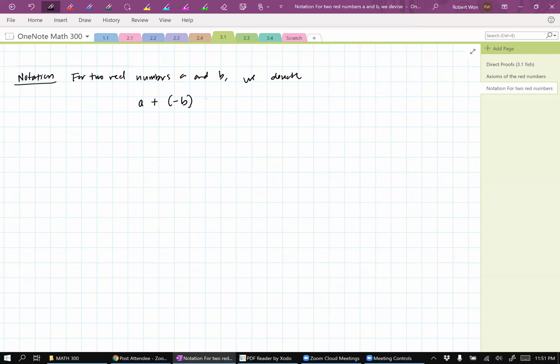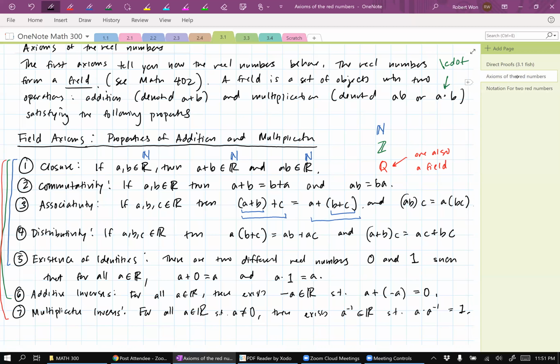I will denote this thing sometimes by a minus b. Notice that before now, I haven't defined subtraction. But now I'm defining what I mean by a minus b. I mean, you add together a to the additive inverse of b. Okay, so these tell you about addition and multiplication of real numbers and actually all of our number systems.